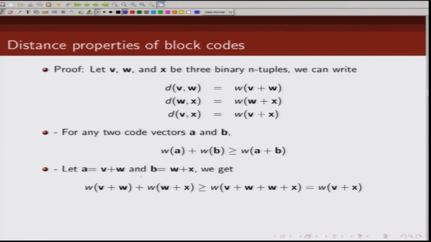So we can replace this by Hamming distance between v and w, this by Hamming distance between w and x, and this by Hamming distance between v and x. Hence, we get the Hamming distance between v and w plus Hamming distance between w and x is greater than or equal to Hamming distance between v and x.